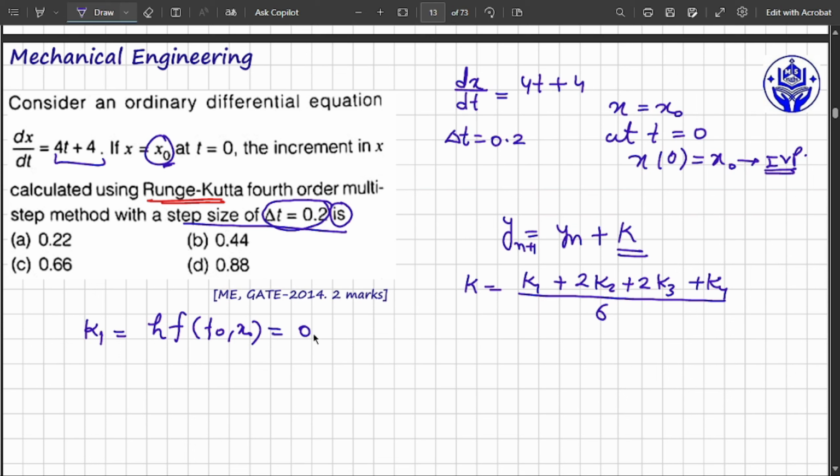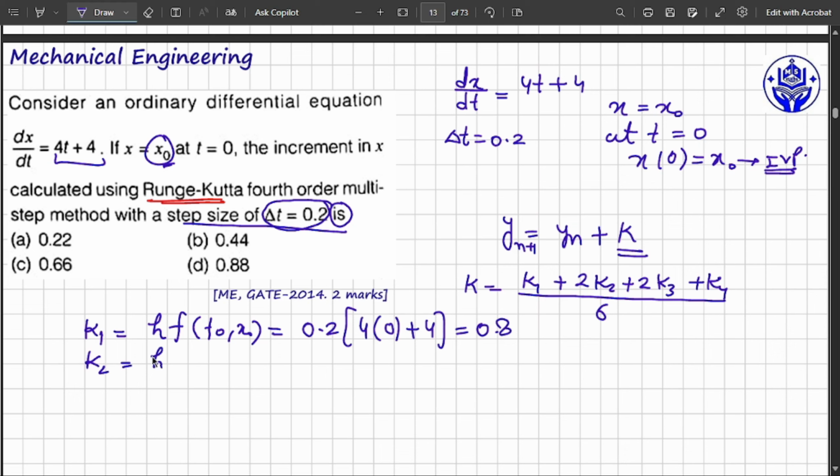So k1 is 0.2 into, with t0 equal to 0, 4 into 0 plus 4. This is 0.8. So what is k2?